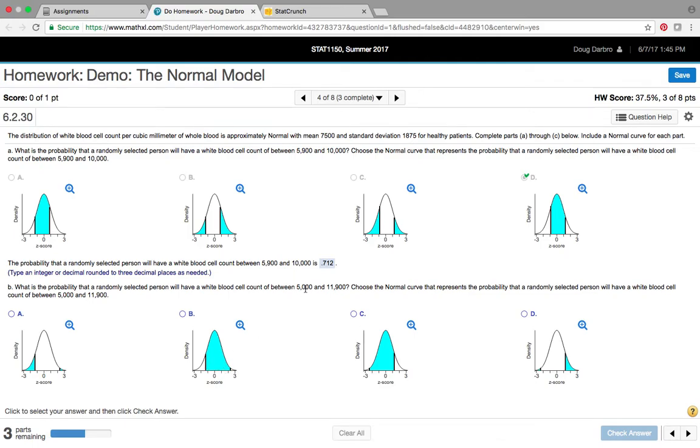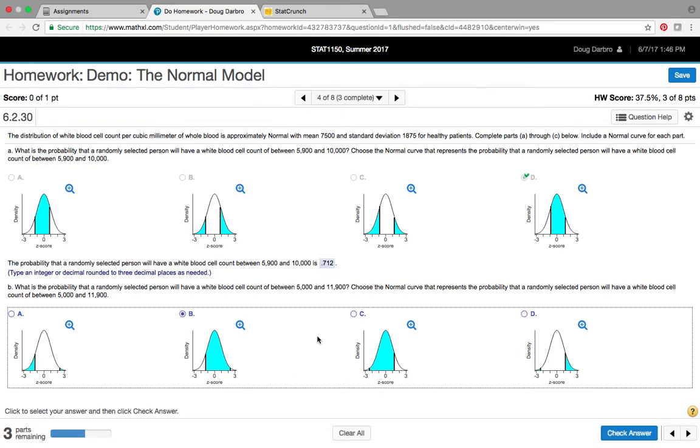So what we would need to do is calculate the z-score again. So I'm going to do it for the 5,000. I'm not going to show me entering this in the calculator, because you guys can just follow before. But it's negative 1.33. So when I look at the left bounds, negative 1.33 has to be this one.